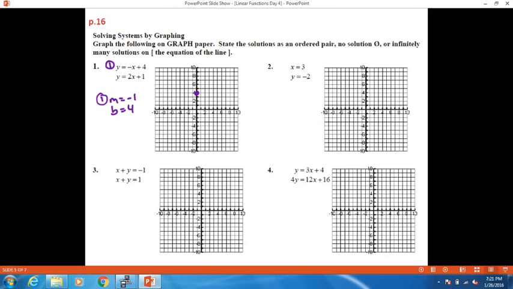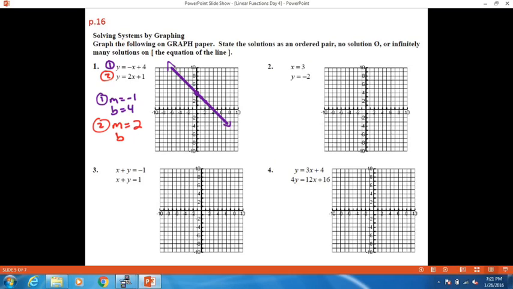Then we're going to use our slope of negative 1 to count down 1, to the right 1, and find some more points on the graph, and we're going to connect those with a straight line. It's going to look something like that. There's our first equation.